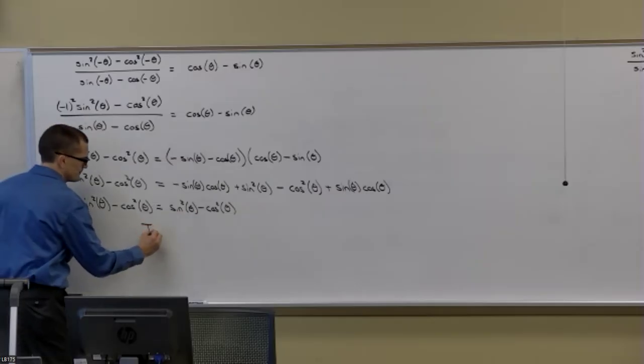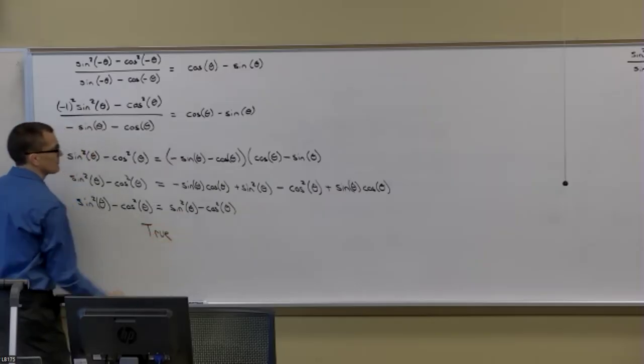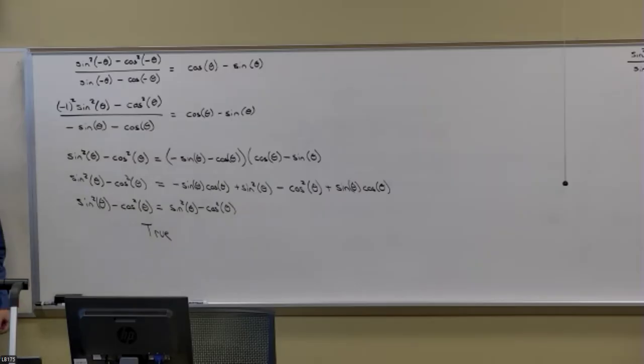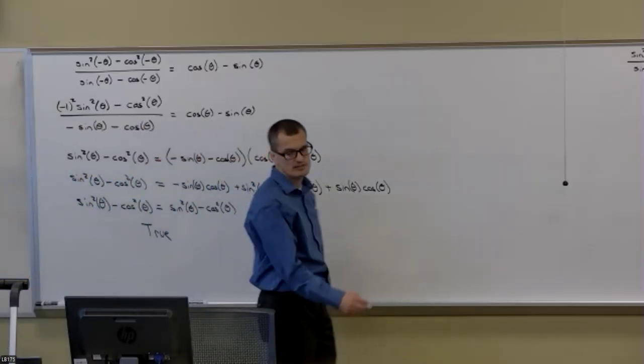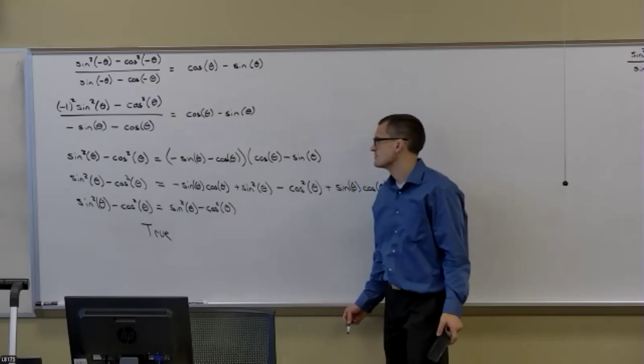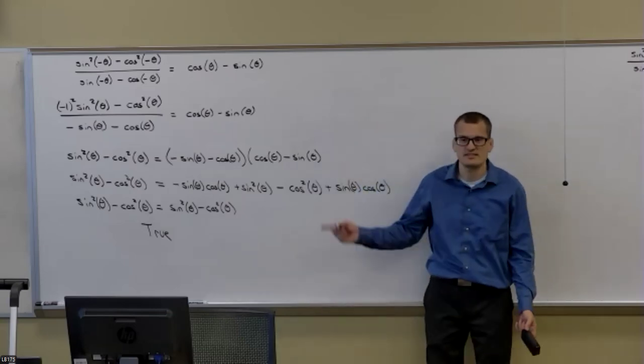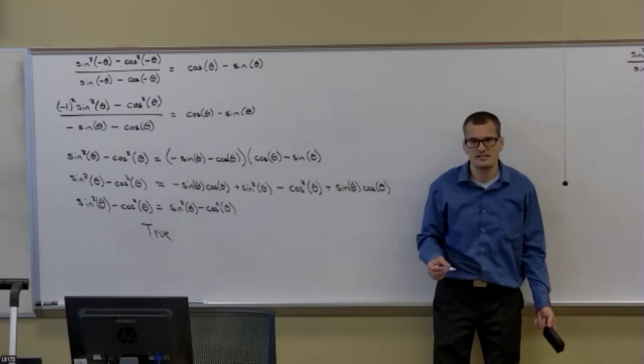And so that's true. I could put it in one block. Let's see what I got there. By the way, notice that if I'd screwed up pulling out the negative, I would have ended up with a false statement. So be careful about pulling out those negatives, especially under squares. Any questions about that process, that technique?